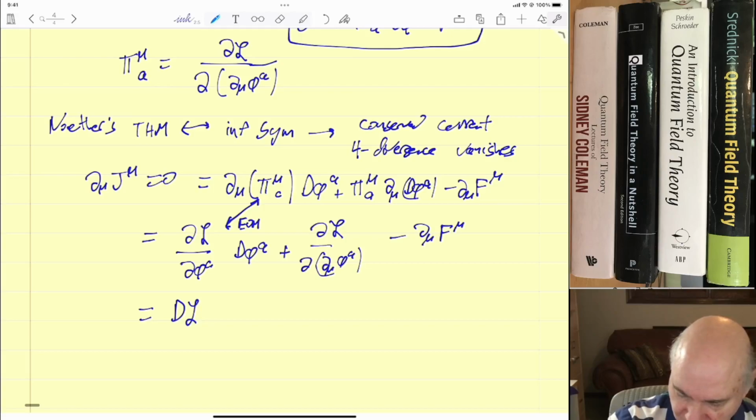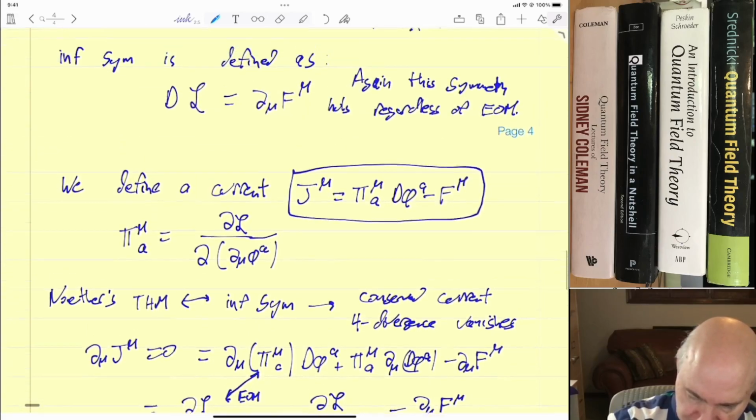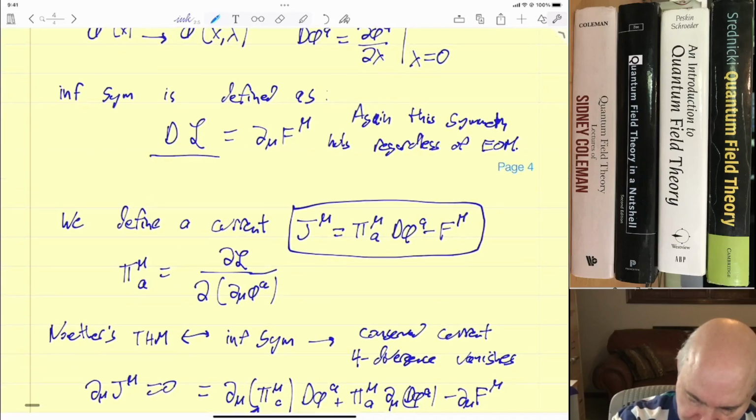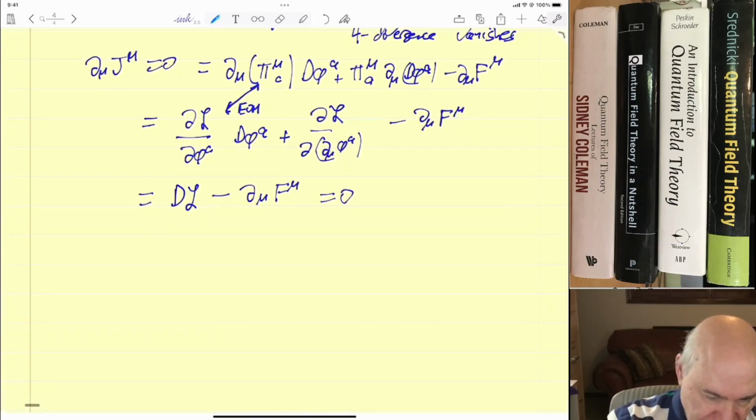So just using the chain rule, this is going to be the change in the Lagrangian minus the partial mu of f mu, which is equal to 0 because of the way we defined dL. So that's again like a two-line proof of Noether's theorem.